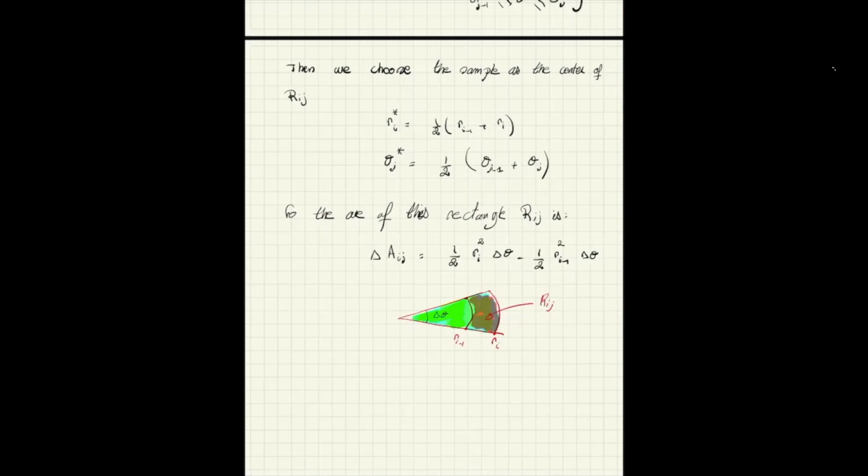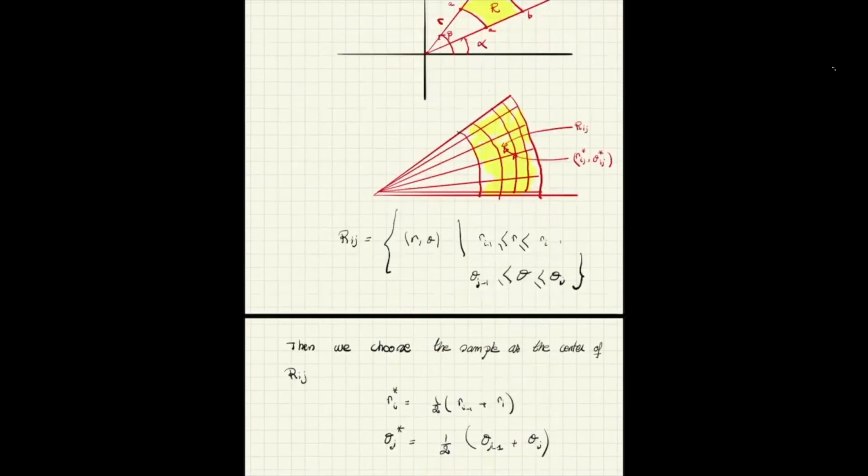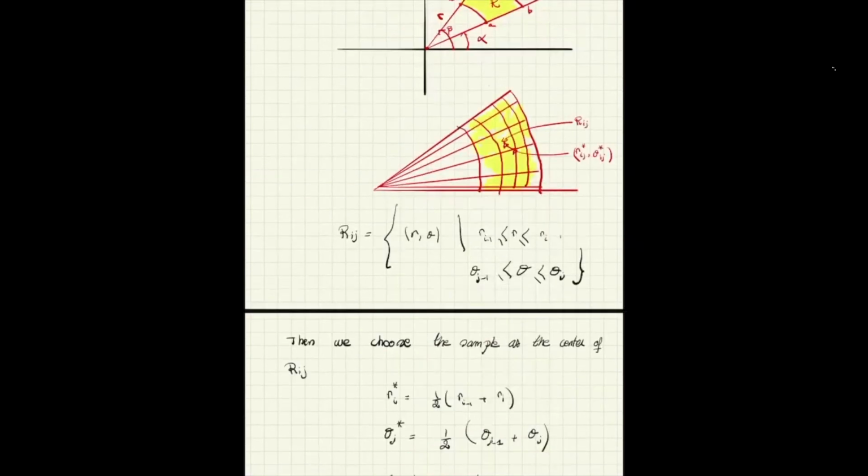Yeah, and then I went a bit faster on this, but the thing is, all of them have the same delta theta, right? So I don't need to label them. Each one has delta theta. Each rectangle has a delta theta. We just divided this whole angle into n delta theta.